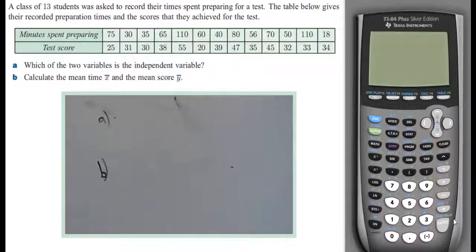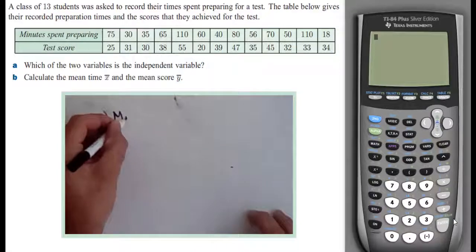Surely you would like to think that the more time you spend preparing for a test before the test happens, the higher your test score is. So the dependent variable must be test score because it's dependent on minutes. So the independent variable must be the other one, which is minutes spent preparing.